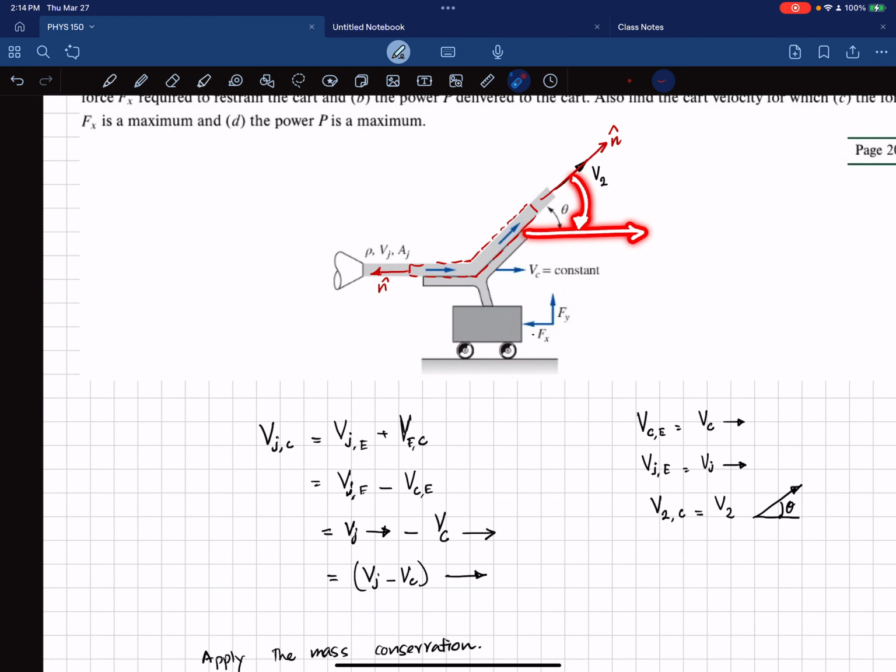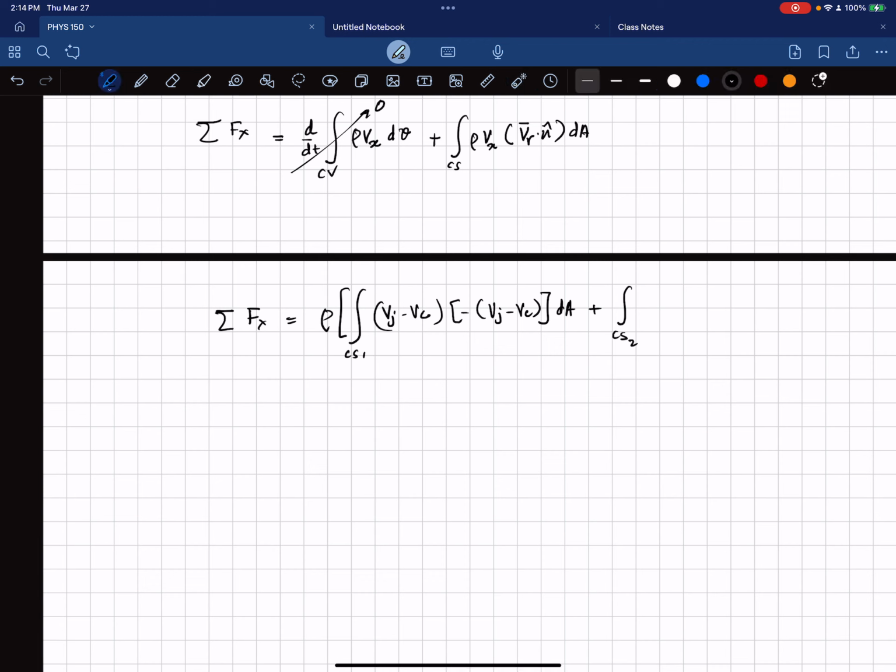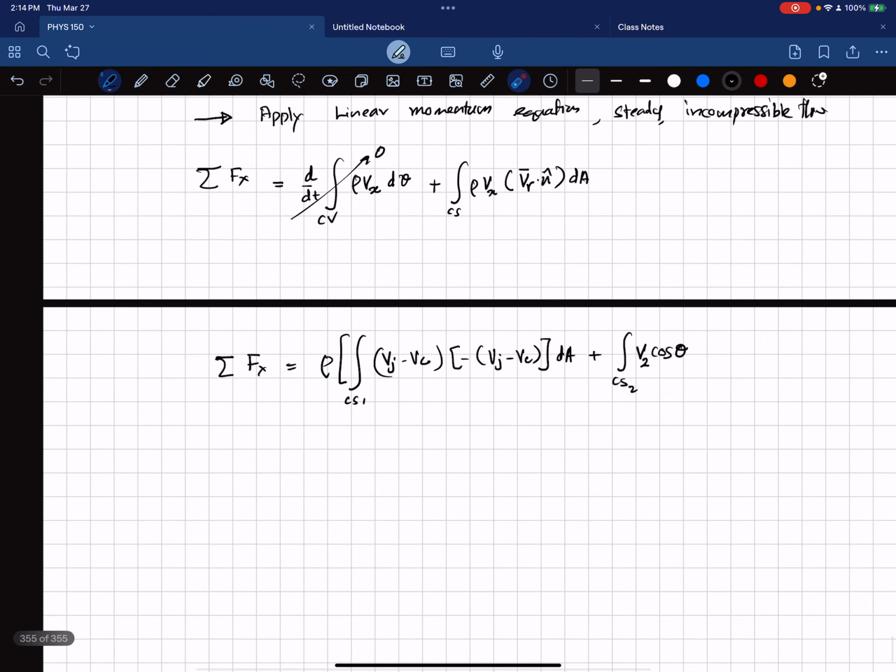We take only the x-directional component, V2 cosine theta, in the positive direction. And then this component right here, Vr dot n, is going to be positive V2, and dA.